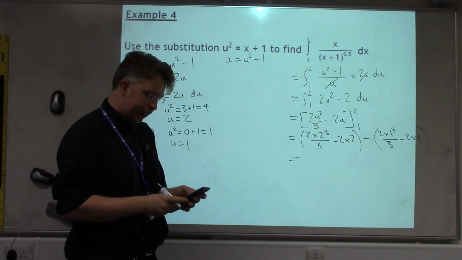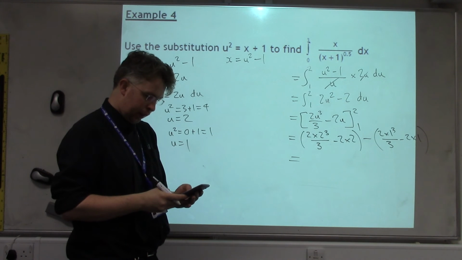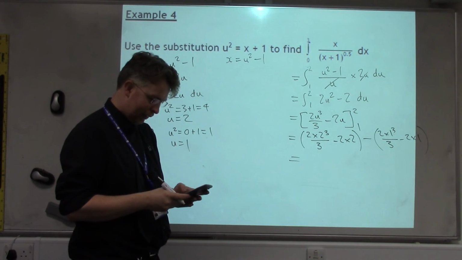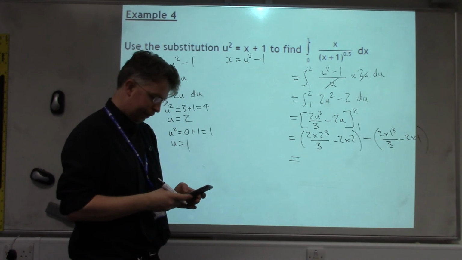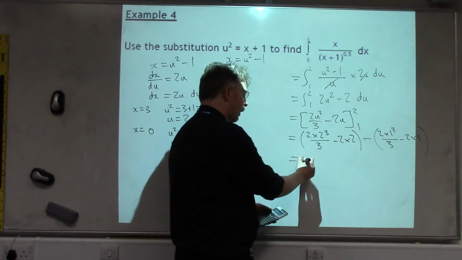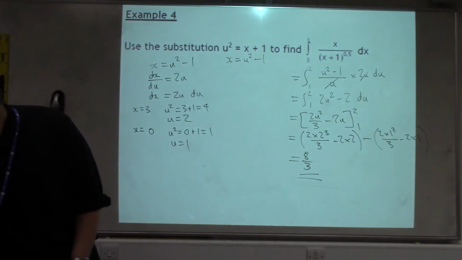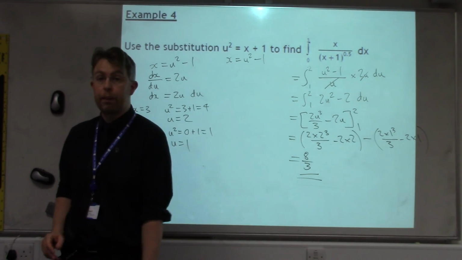Usually we want exact answers in C3. C4 as well. And as an exact answer, we get 8 over 3. And this concludes the section on integration by substitution.